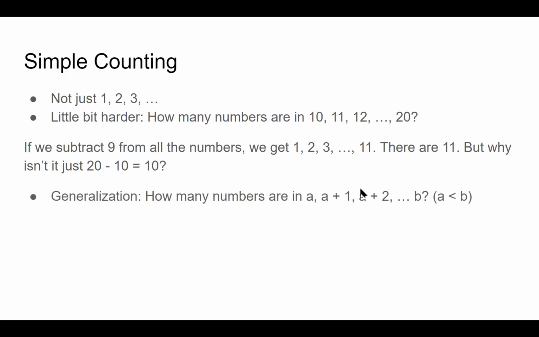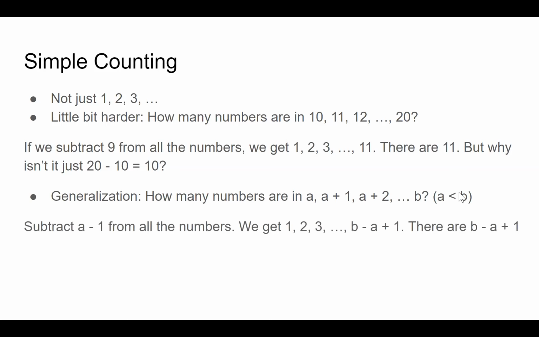So let's generalize it. How many numbers are in A plus 1, all the way to B? You can answer in the chat. Yeah, so there's B minus A plus 1.